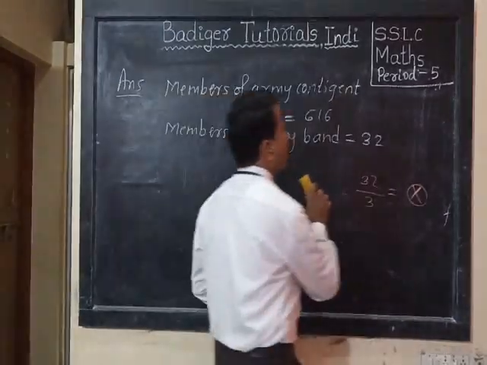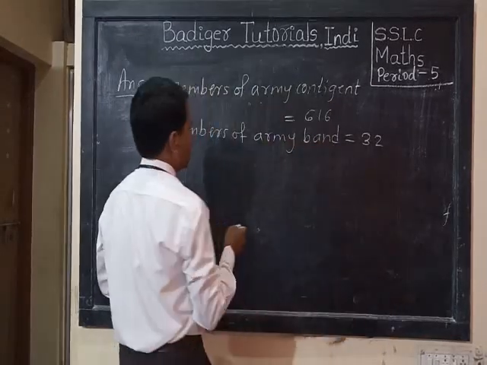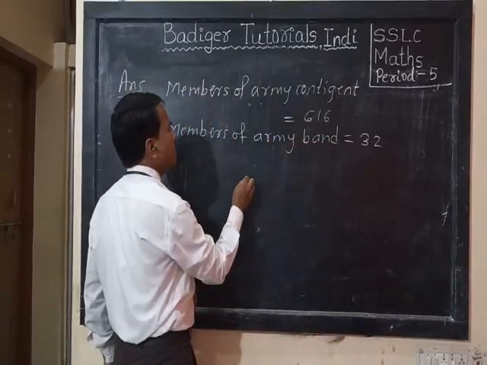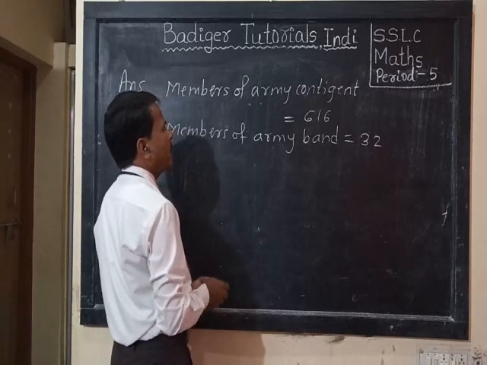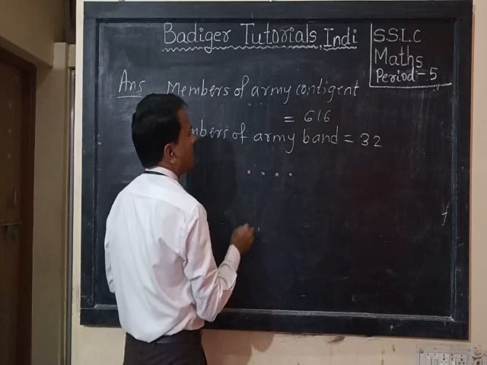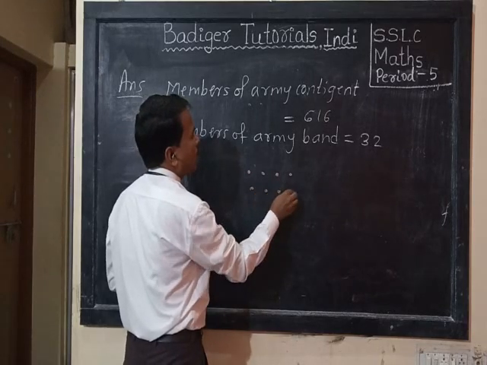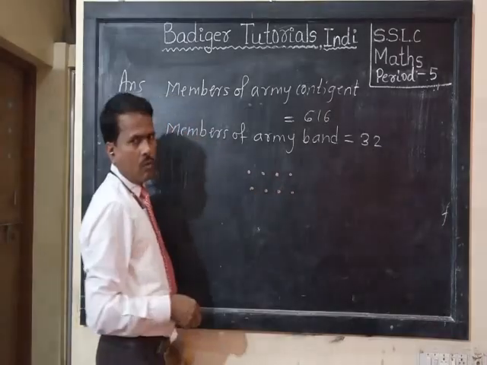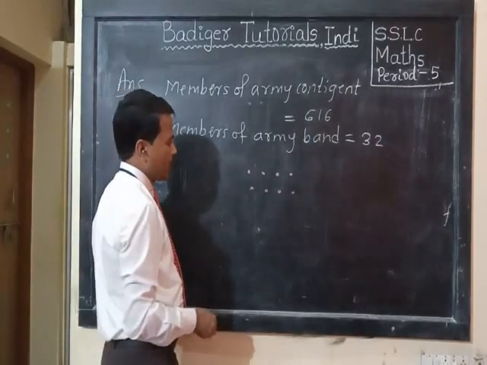If they stand in 4 columns, say army band 1, 2, 3, 4. 1, 2, 3, 4. Like this. 4 8s are 32.